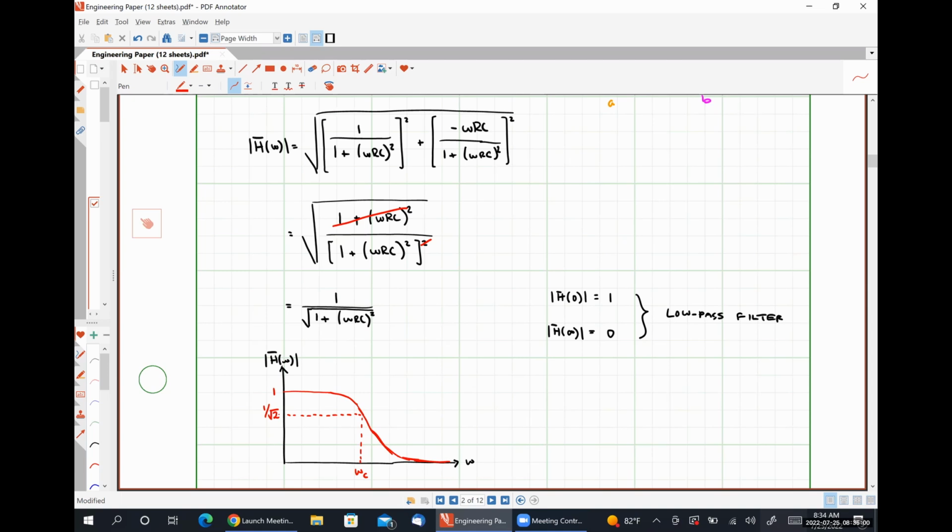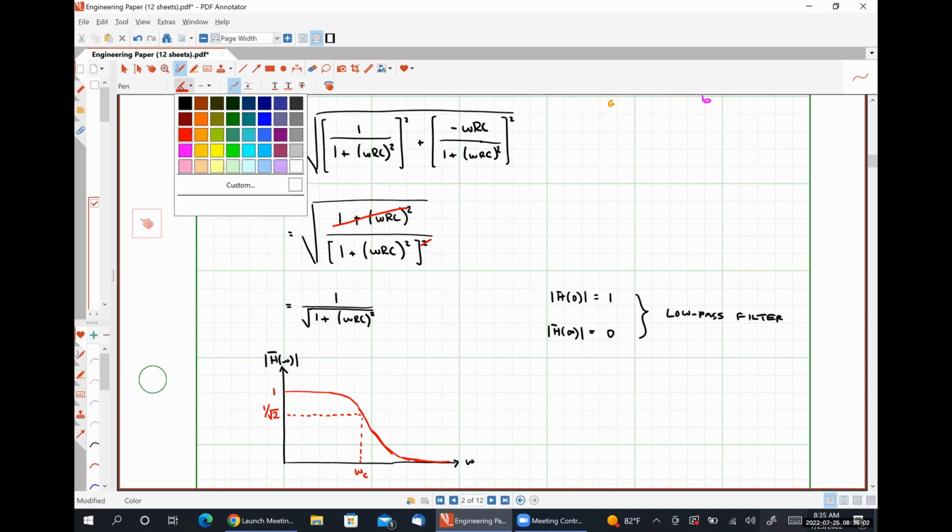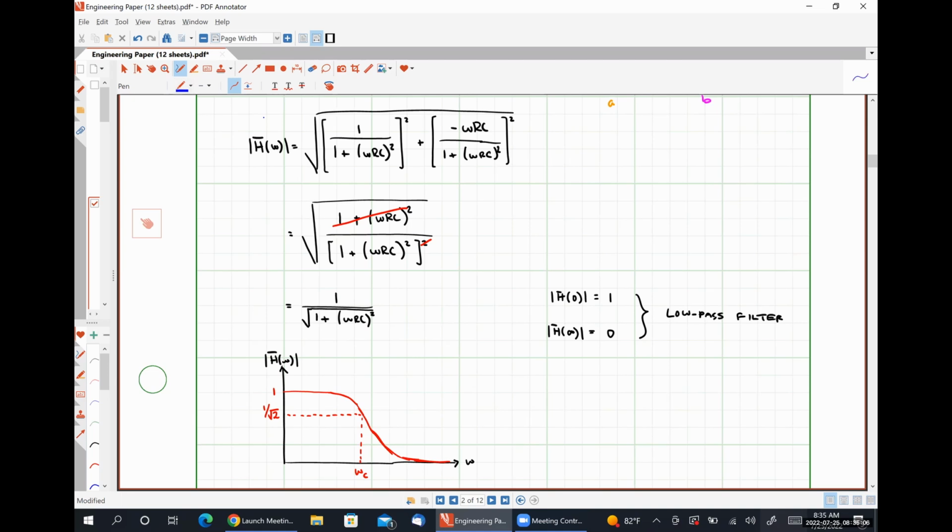So on a logarithmic scale, 1 would correspond to 0 decibels. And whenever the value is 1 over the square root of 2, this would correspond to -3 decibels.